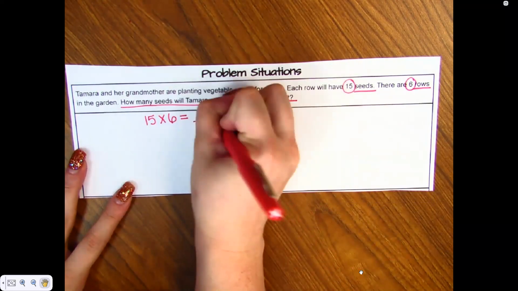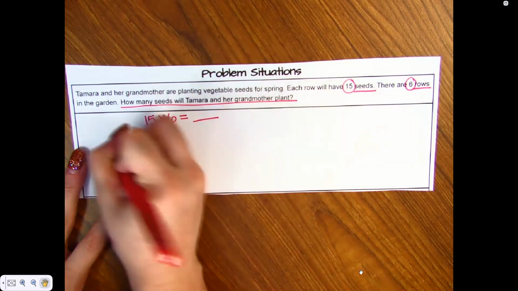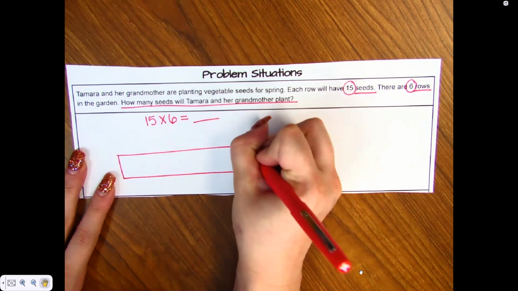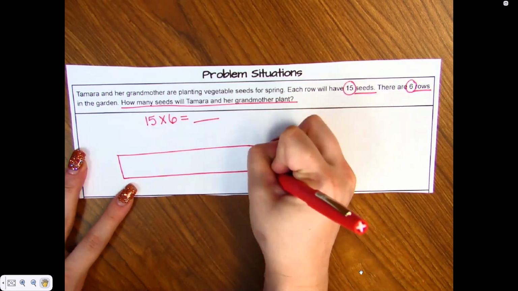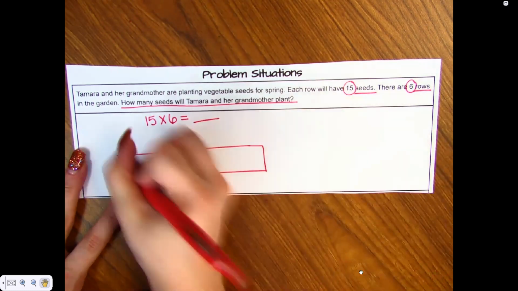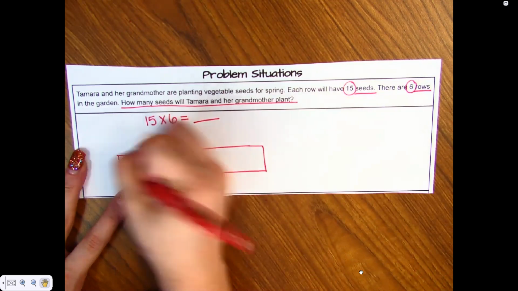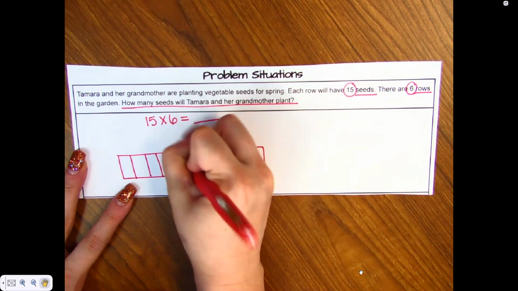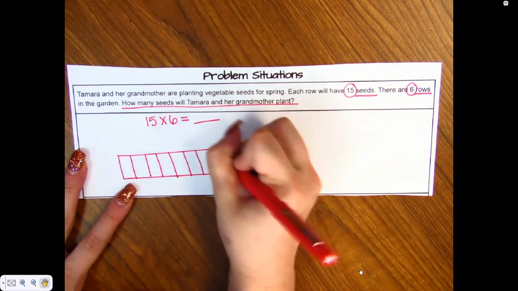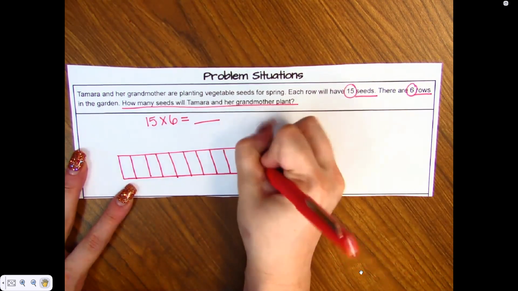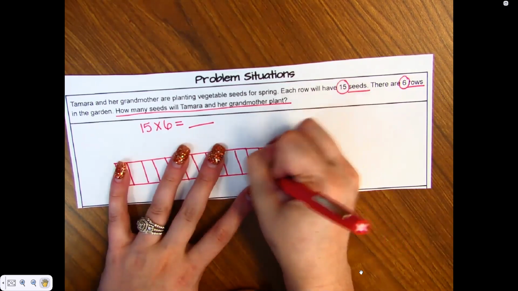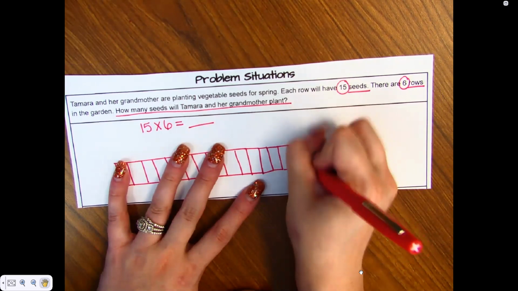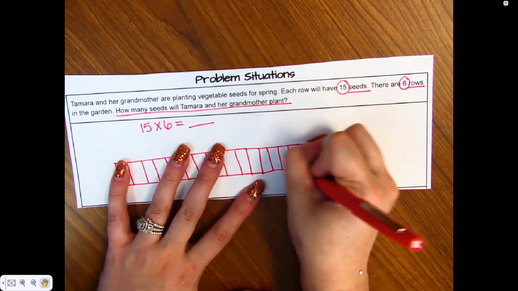I'm going to do a strip diagram. I'm going to try and make them small because I have to do 15. 1, 2, 3, 4, 5, 10, 12, 13, 14, 15.